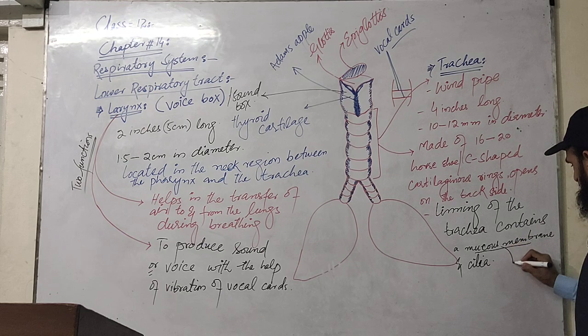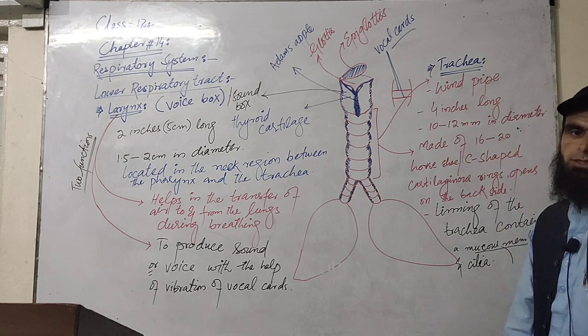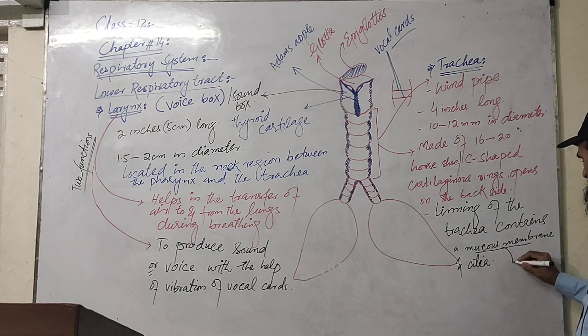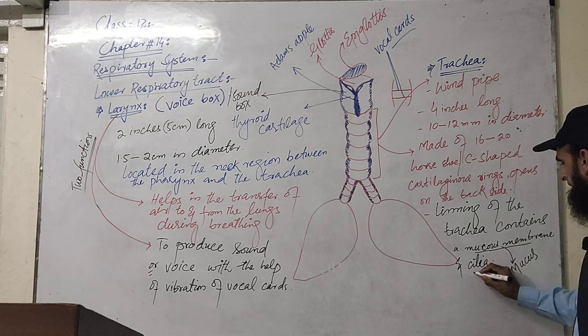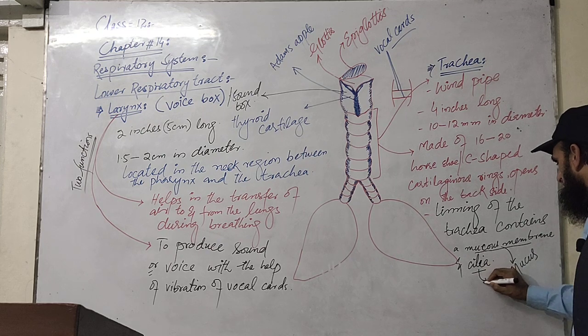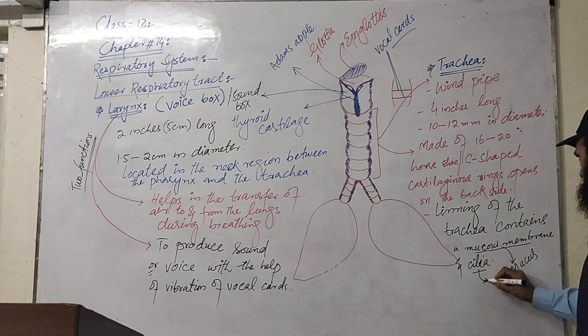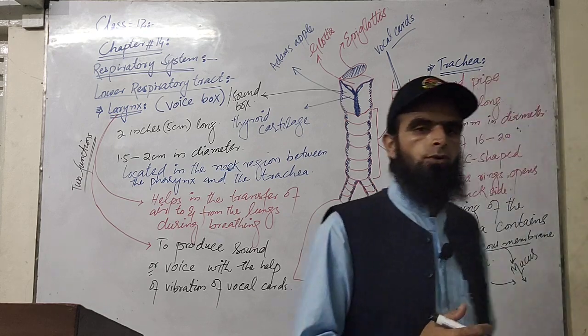It must be clear to you, because this has been told during the nasal cavities, that the mucous membrane helps to produce mucus, and cilia are also present there. The cilia and the mucus perform a special function here.